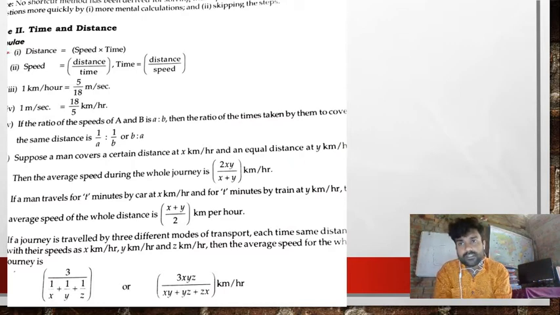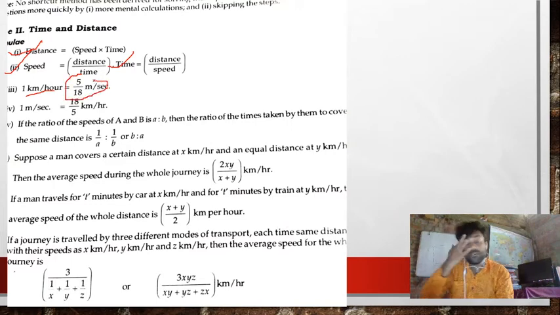Distance is speed into time. Speed we can find this way, and time we already understood with the example. Here is something very interesting: if we find any speed in unit kilometer per hour, we can change it to meter per second by multiplying by 5 by 18.